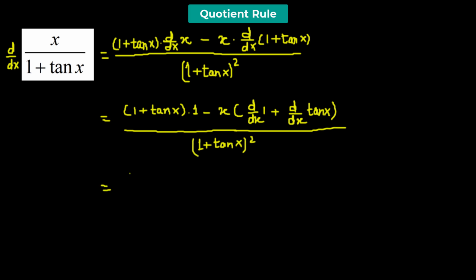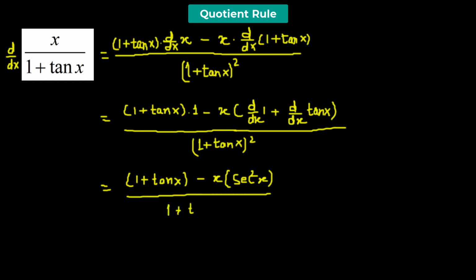So we have 1 plus tangent of x minus x times derivative of 1 will be 0, and derivative of the tangent function is secant squared x, divided by 1 plus tan x whole squared. So this is the required derivative. Let's move on to the next question.